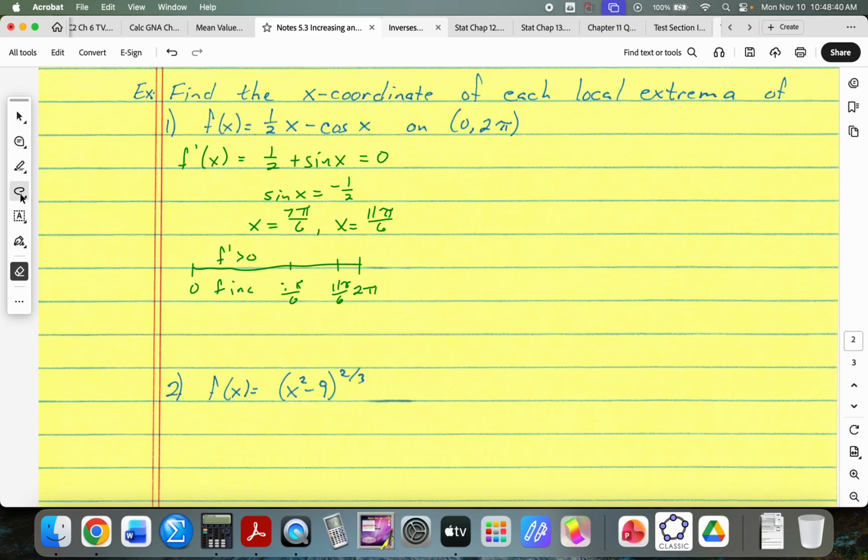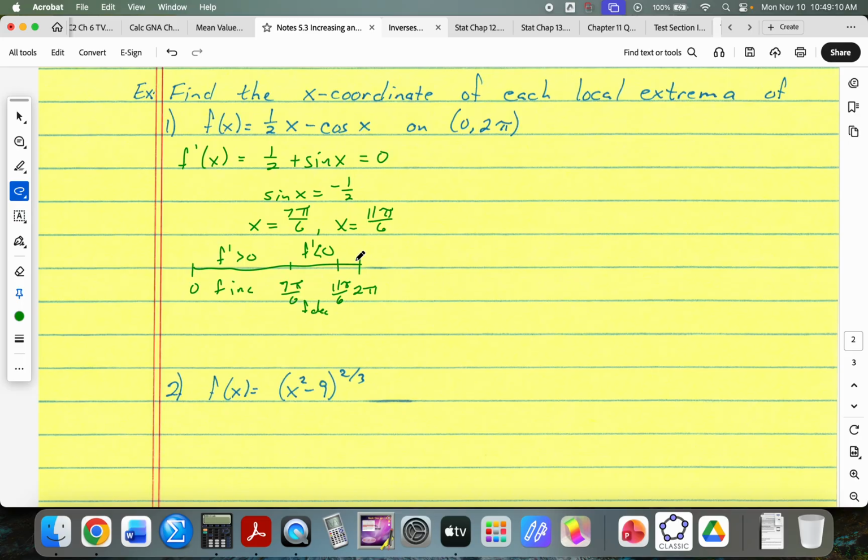what would be probably the easiest thing to use? Yeah, 3 pi over 2. At 3 pi over 2, sine is negative 1 plus 1/2, so f prime is negative here, so f is decreasing.